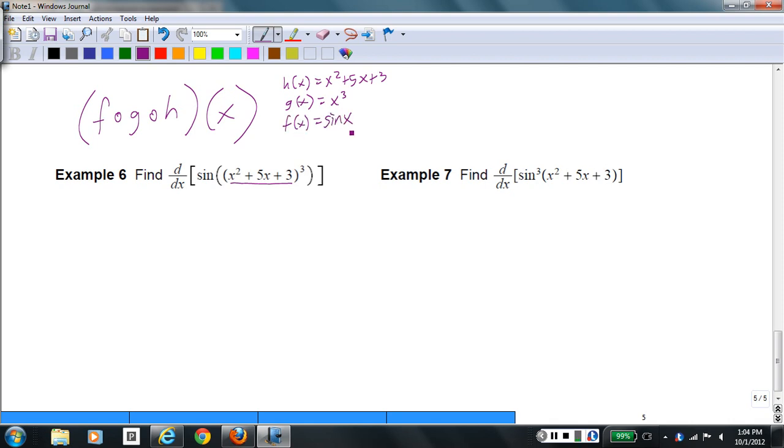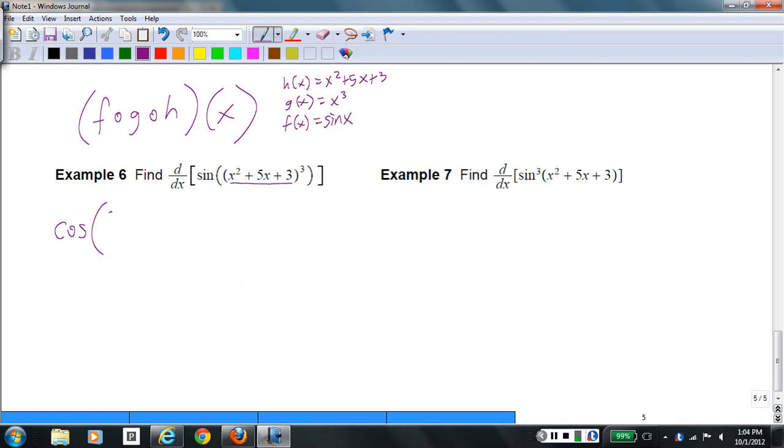Take the sine. So this function could be thought of as the composition of these three functions in that order, from inside to out. Now the outermost function is the sine. That's the last thing you do if you're going to evaluate this function. So when I look at this, I should think, okay, I want to take the derivative of the sine of something. Well, the derivative of the sine of something is what?